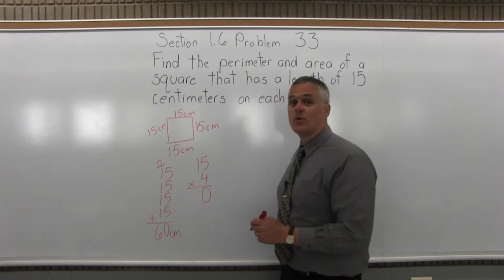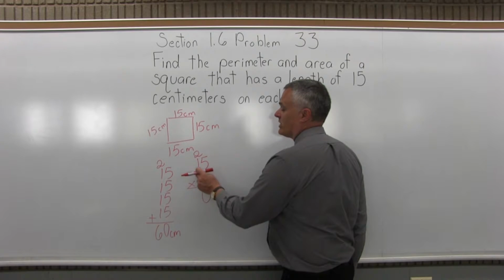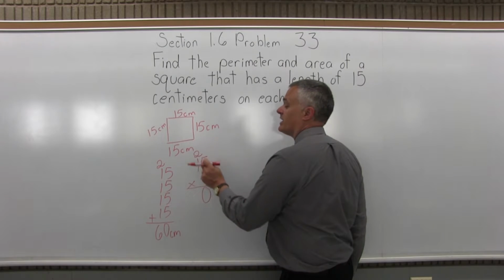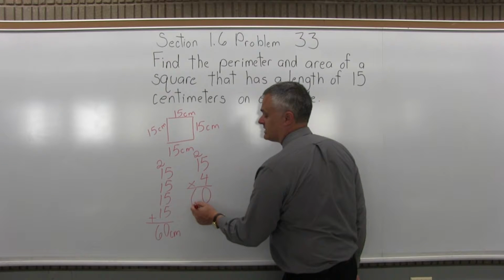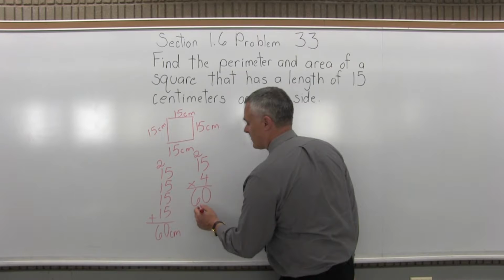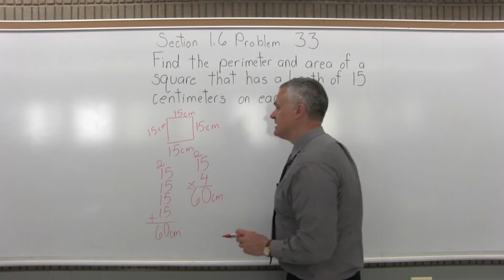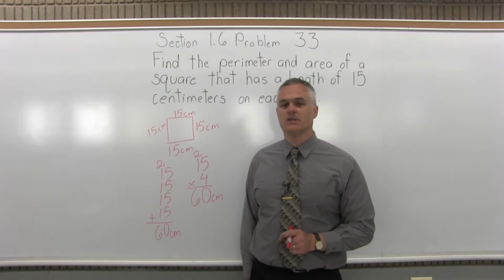Put the 0 from the 20, carry the 2 to the top of the next column, and then I multiply 4 times 1 is 4, plus the 2 more that I carried. 4 and 2 is 6. So I also get 60. If you notice that you can multiply, that's probably a little bit easier. And again, I'll include the units of measure. cm is the abbreviation for centimeters.